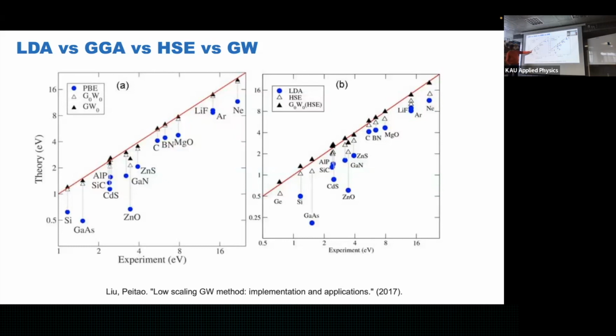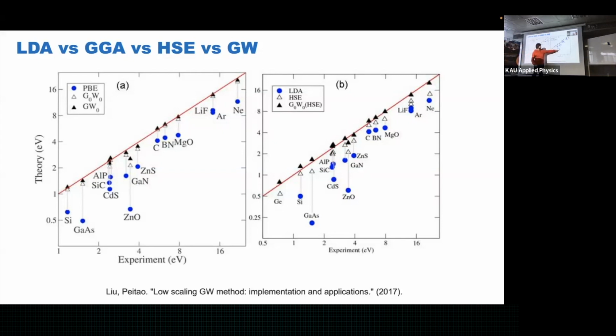We have band gaps very underestimated by PBE. For example, magnesium oxide, it's 4 by PBE, but in reality it's rather 6. Diamond shows almost 4, but in reality it's almost 6. So PBE is not good for band gap calculations.